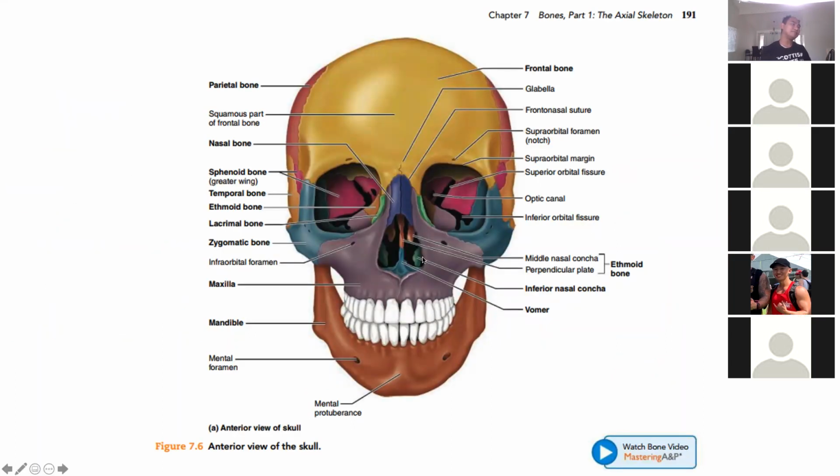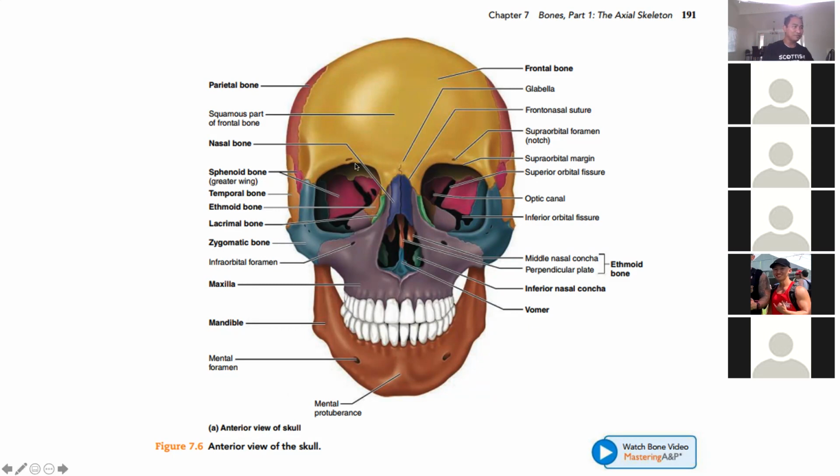Hey, this is the forehead. The forehead is made of frontal bone. On either side here, we have the parietal bone, which is this red-pink color, and the temporal bone just above the ear, around the ear region. And we have the orbit.